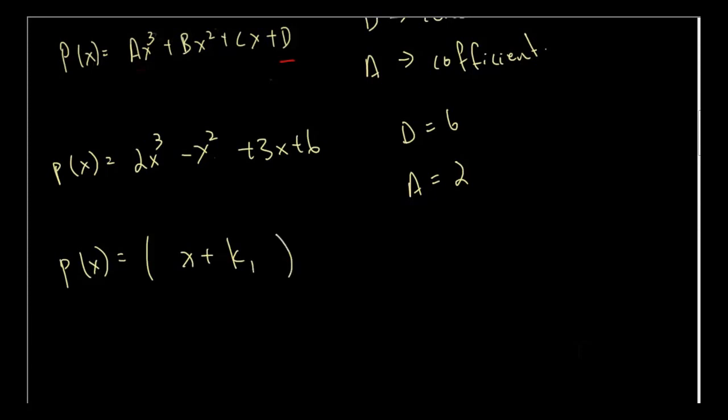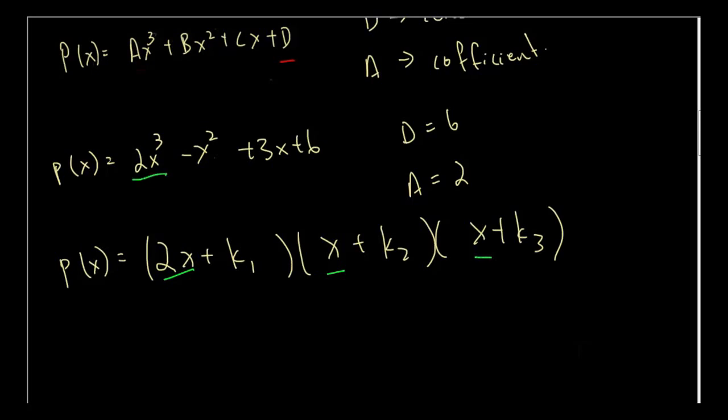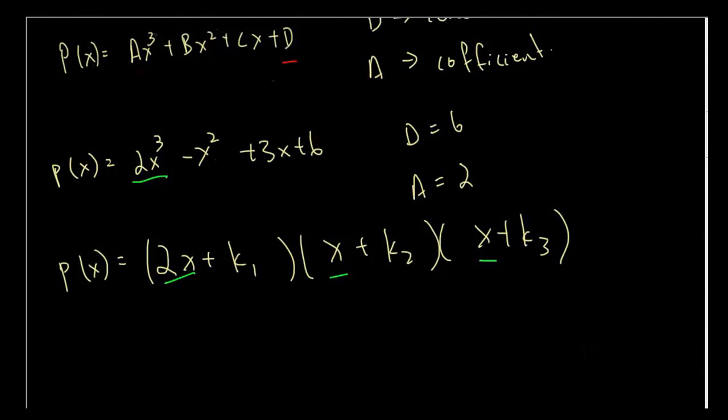Because a is 2, somewhere along these factors I must have a 2, because 2x multiplied by x multiplied by x gives me back the 2x cubed. So a tells you how the factors are going to look, especially the coefficient in front of the x.